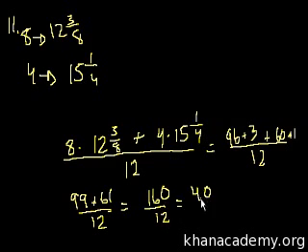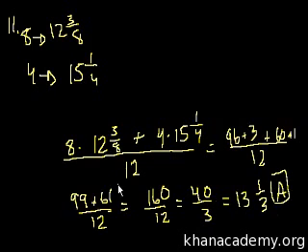So you get 40 over 3. All of the answers are in terms of mixed fractions. So 3 goes into 40 how many times? 13 times 3 is 39. So it's 13 with remainder 1, so 13 and 1/3. So A is the answer. The average of all of the packages on both days is 13 and 1/3 pounds. See you in the next video.